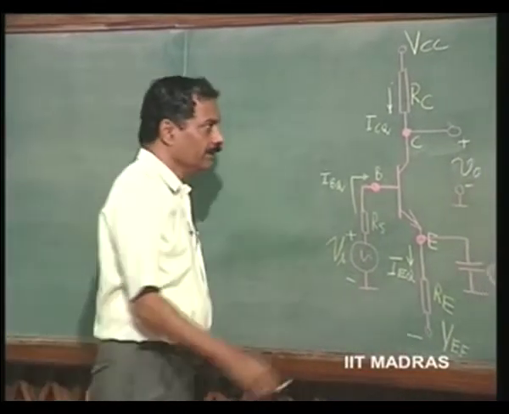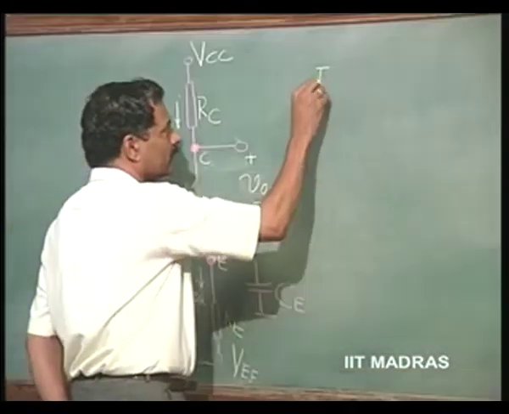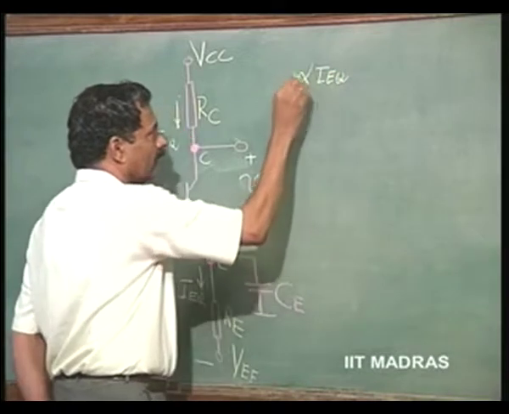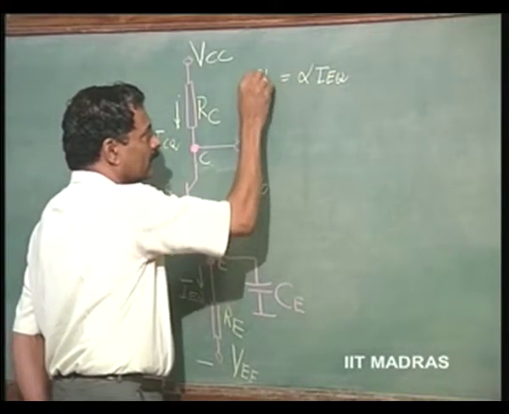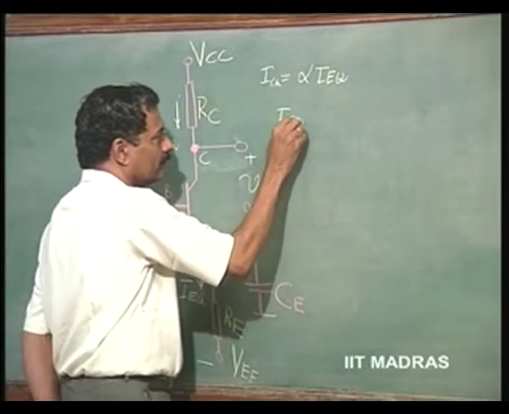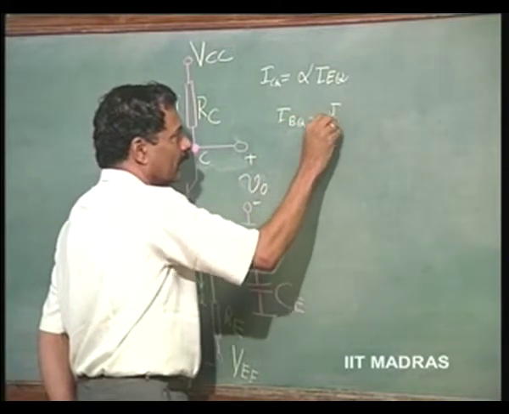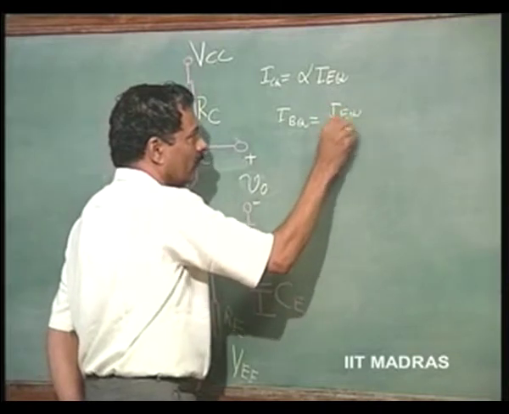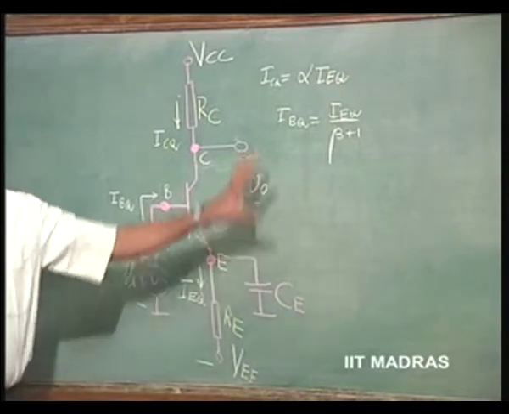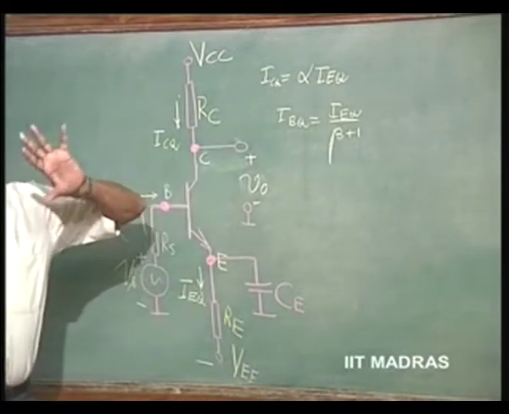So, we have this relationship, of course: IEQ into alpha is equal to ICQ, IBQ is equal to IEQ by beta plus 1, and this relationship getting satisfied.